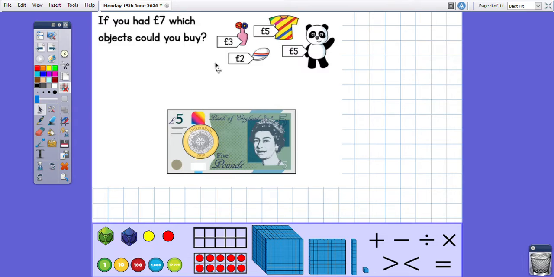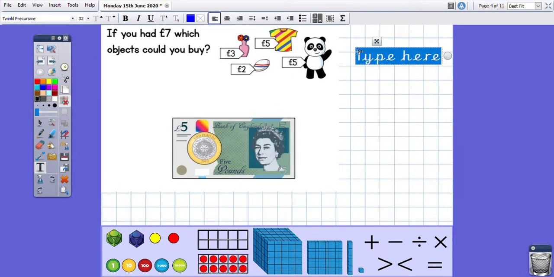I know that 5 and 3 make 8, so I cannot buy the top and the vase, or the panda and the vase. We already know that 3 and 2 make 5, not 7, because we did that before. So I can't buy those objects together. That must mean 5 and 2 make 7.